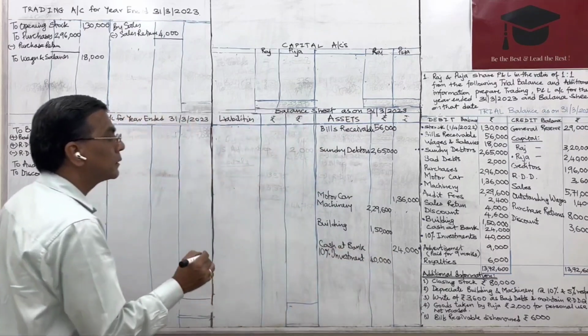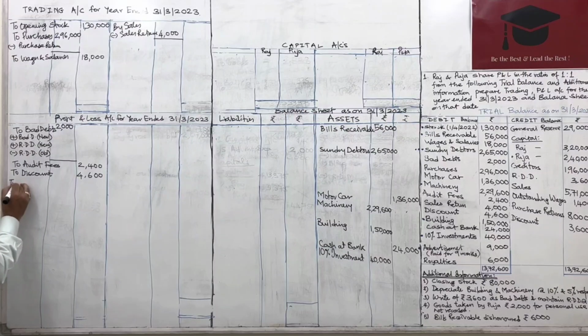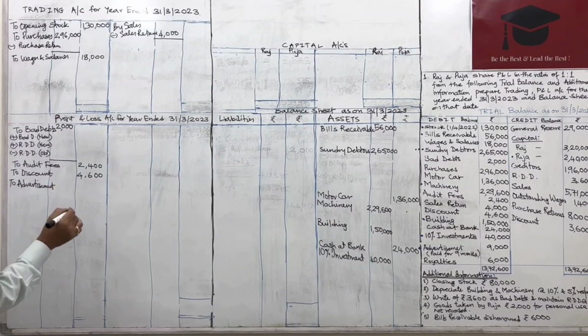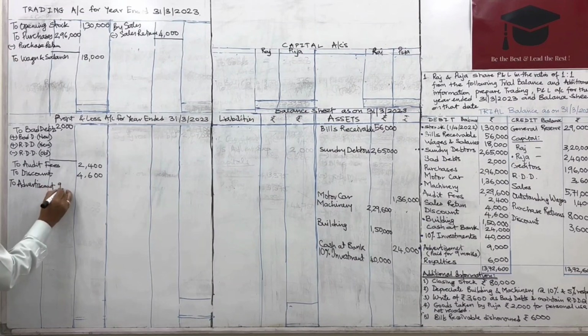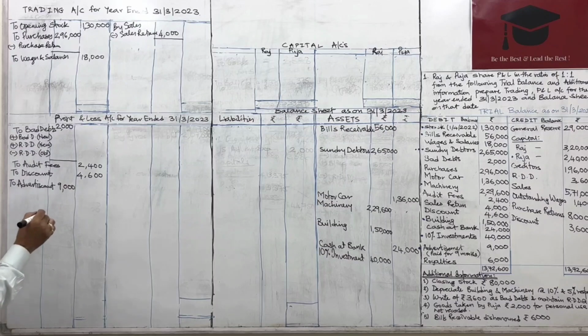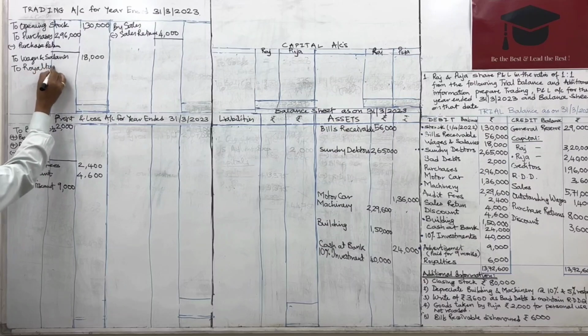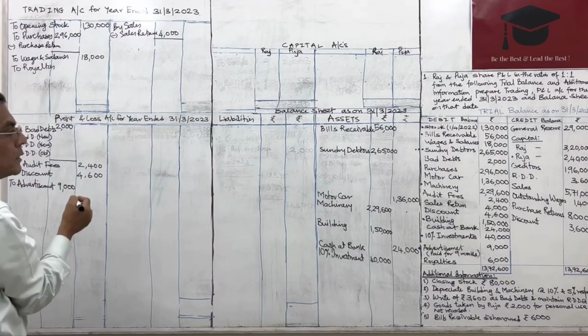Then advertisement 9,000. And they say it's been paid for 9 months, that means 3 months is outstanding. So 9,000. Then you're having royalties which will come in the trading account. The amount 6,000.